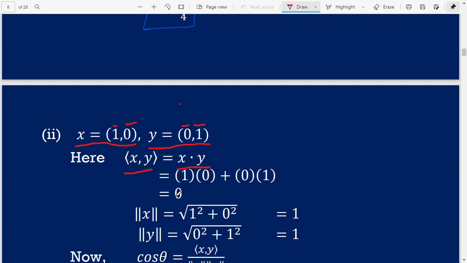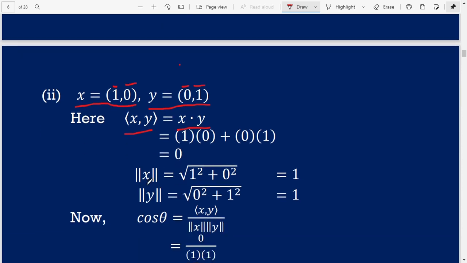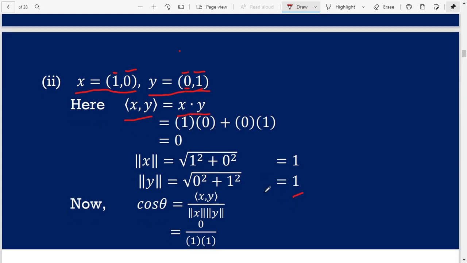So 1 into 0 is equal to 0 plus 0 into 1 is equal to 0. So inner product x with y is equal to 0, and norm x is equal to the square root of 1 square plus 0 square, is equal to 1, and norm y is equal to the square root of 0 square plus 1 square, is equal to 1.